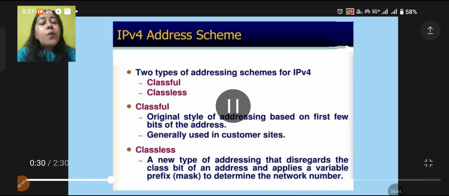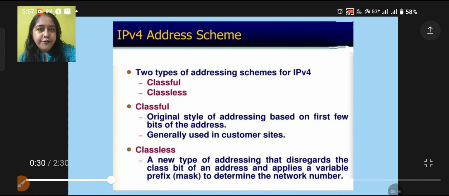Now let's come to IPv4. In the IPv4 address scheme, two types of addressing are there: one is classful and one is classless. Classful is the original style of addressing based on the first few bits of the address, generally used in customer sites.